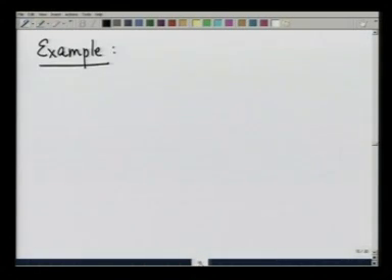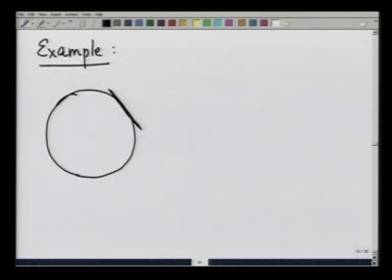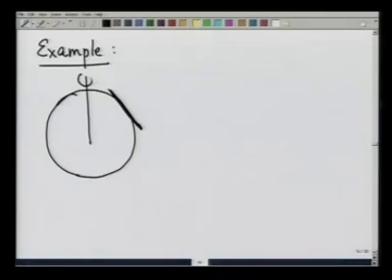As the second example, I am going to take the motion of a particle along the surface of the earth, and in this case the Coriolis force is also going to be important and will tend to deflect the particle from its intended path. Let us take the earth rotating with omega like this.